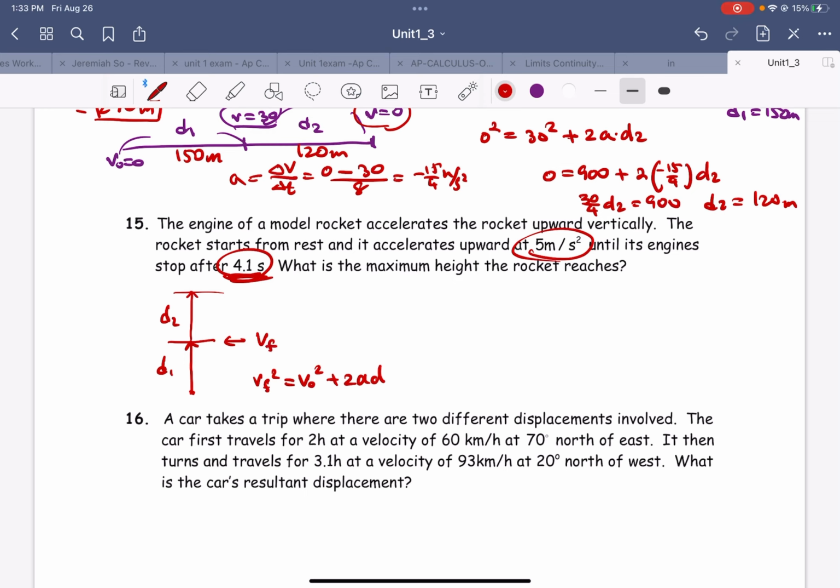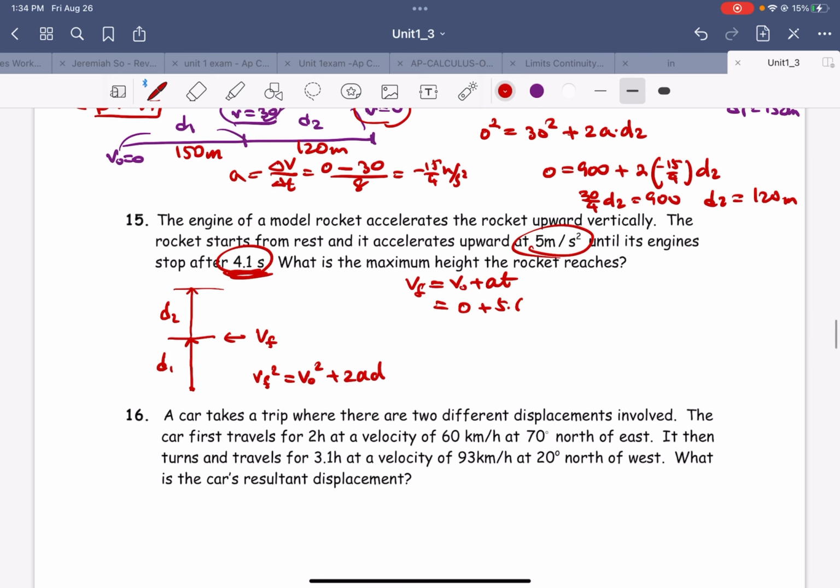I have to write down the formula first: initial plus at. Initial is 0, acceleration is 5, and time is 4.1 seconds. That gives you 20.5 meters per second. So we know that after 4.1 seconds, that is the velocity.